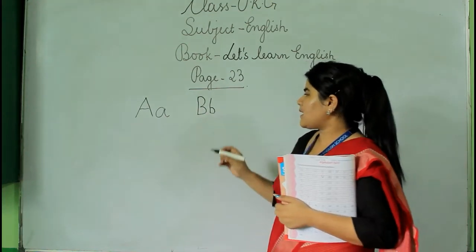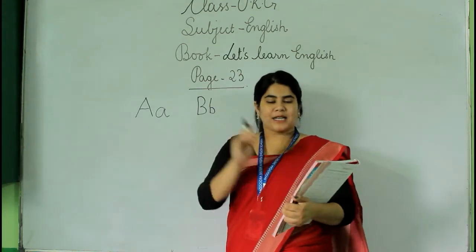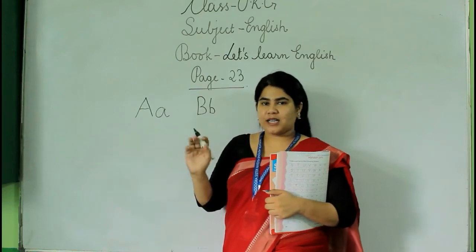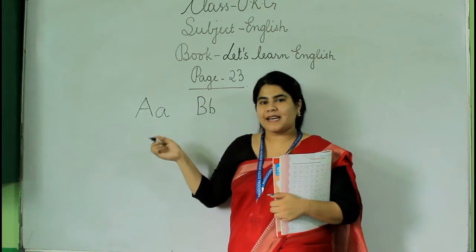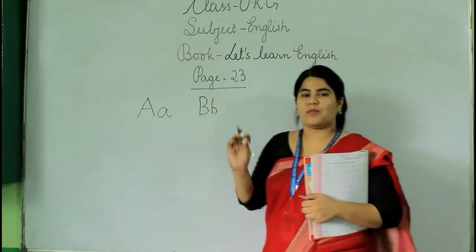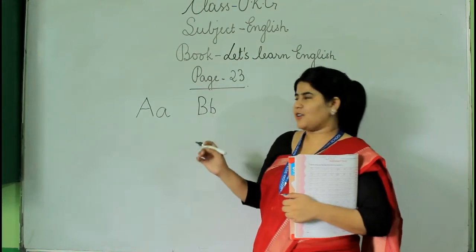Okay. Students, we are also learning cursive writing, right? But here in this book you have to write in plain letters, not in cursive, not in that style and italic way. You have to write the plain letters, okay? So now B. B is for ball, bat, boy, all this, okay?